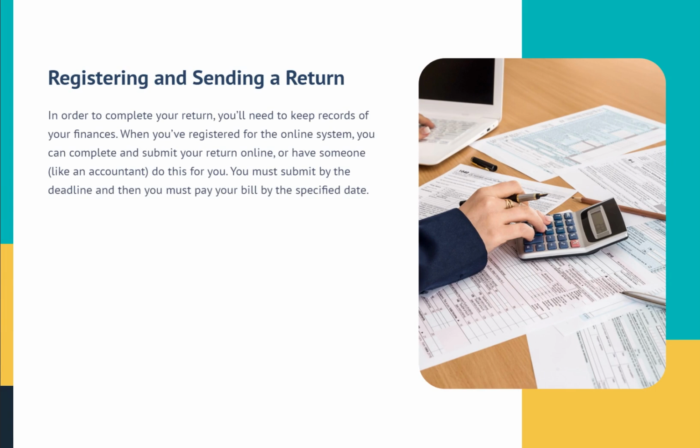In order to complete your return, you need to keep records of your finances. When you've registered for the online system, you can complete and submit your return online, or have someone, like an accountant, do this for you. You must submit by the deadline, and then you must pay your bill by the specified date.